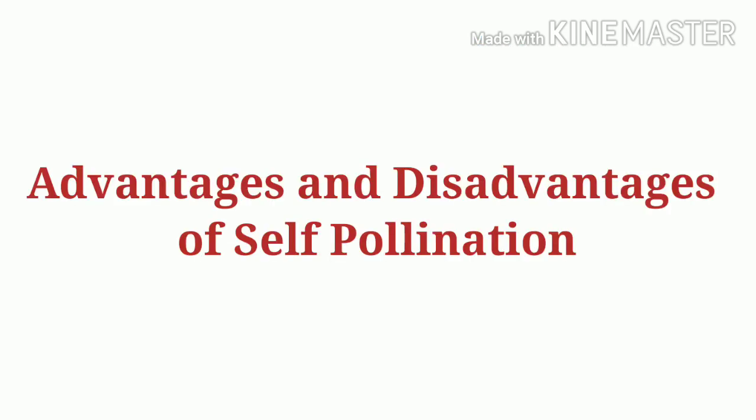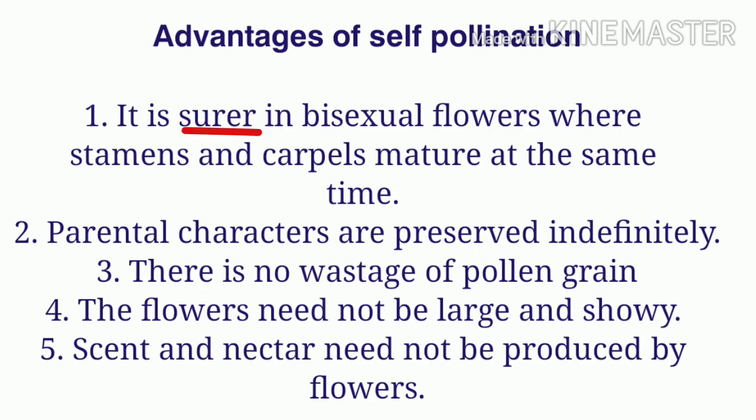Now, let's understand the advantages and disadvantages of self-pollination. Let's begin with the advantages. Self-pollination is much surer in case of bisexual flowers where stamens and carpels mature at the same time. In self-pollination, parental characters are preserved.